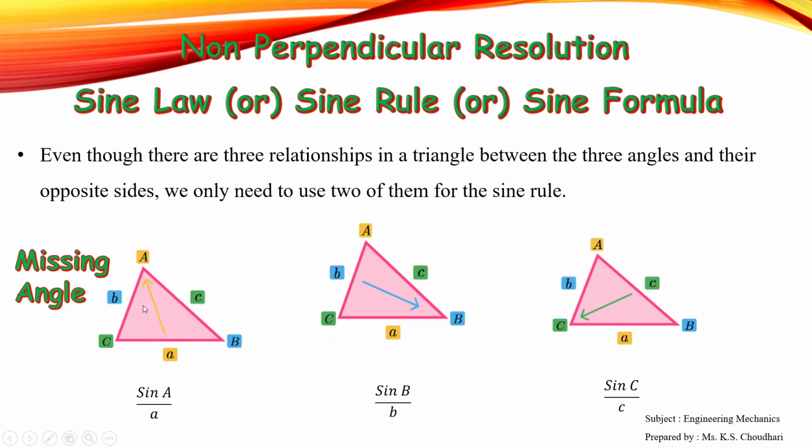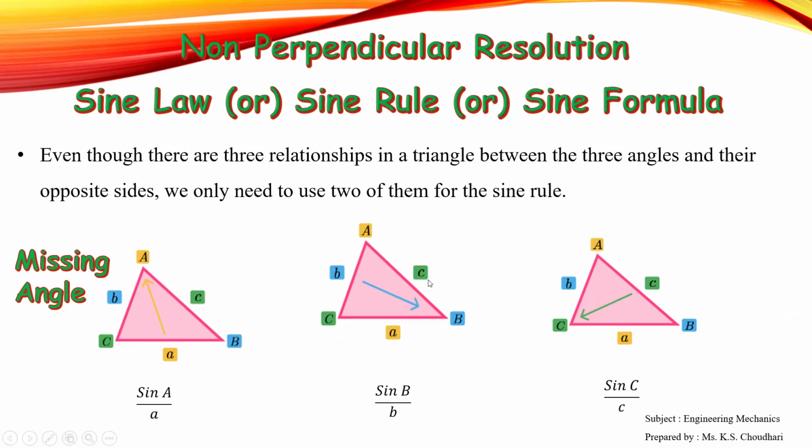For our better understanding, we put capital A here and its opposite side we denote as small a. So the formula becomes like this. And this is also the same. A, B, C are the points and also the angles between them.